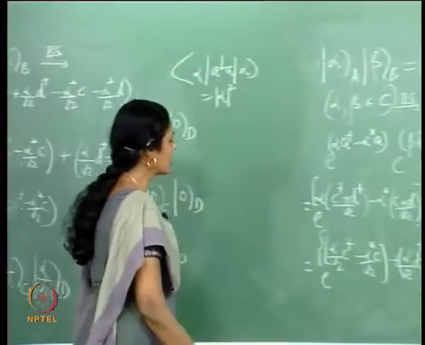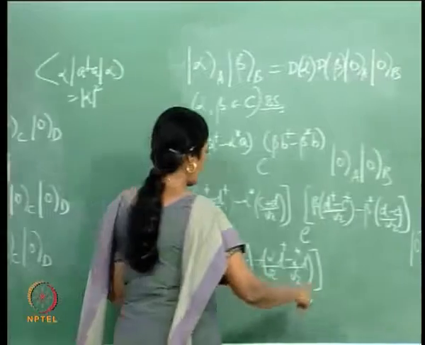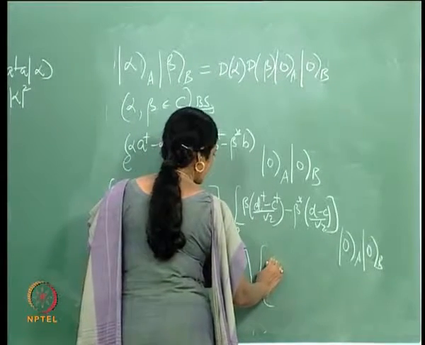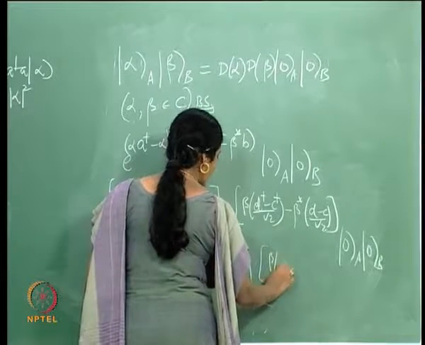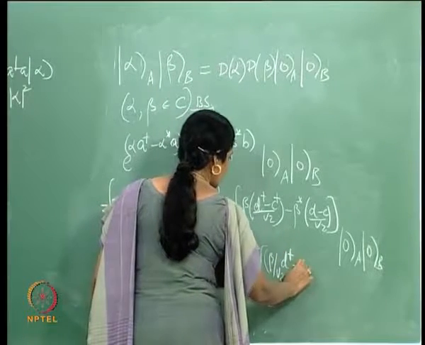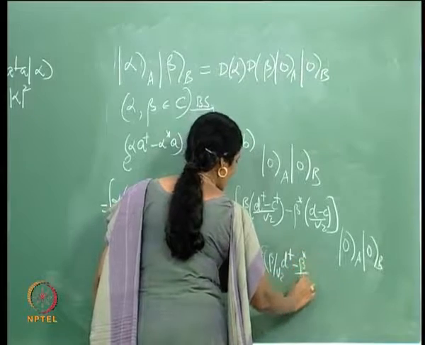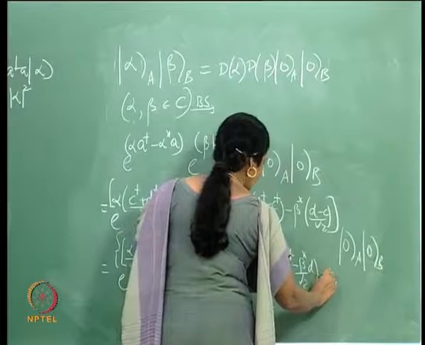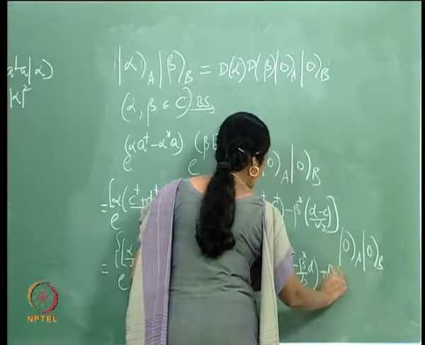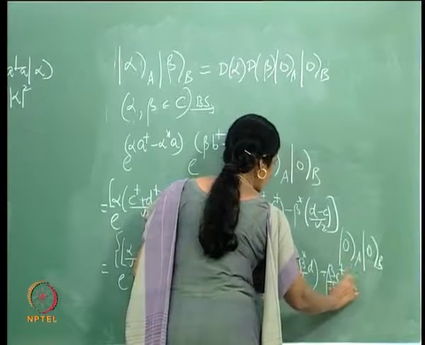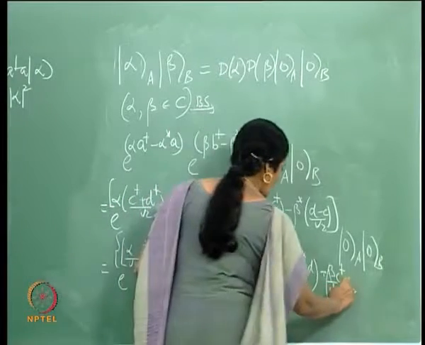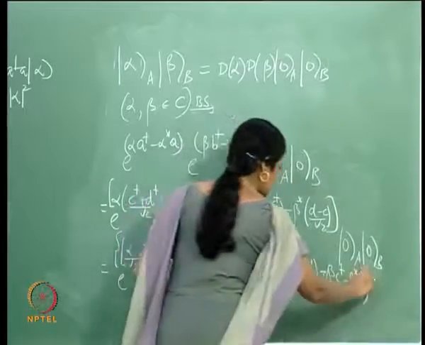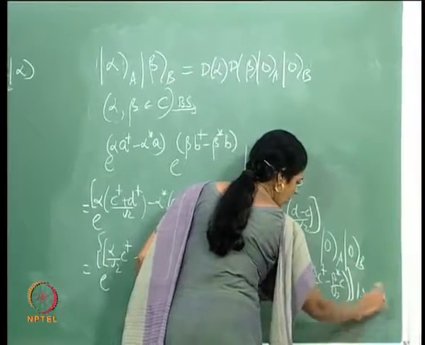That is what I have in the first exponent. The second exponent has e to the beta by root 2 d dagger minus beta star by root 2 d plus minus beta by root 2 c dagger minus beta star by root 2 c, and this acts on 0a, 0b.